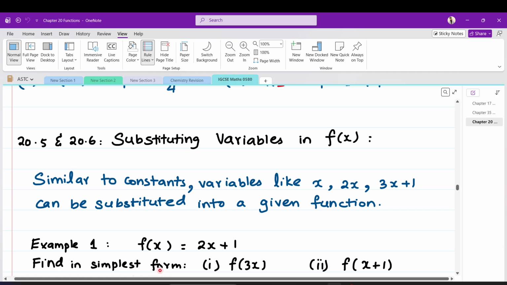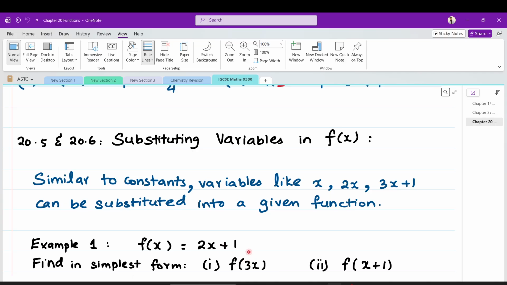Now you see the question has just been slightly modified, because obviously you're not going to get a numerical value, but you're going to get an algebraic expression. So once you have substituted this, you need to find your answer in simplest form.